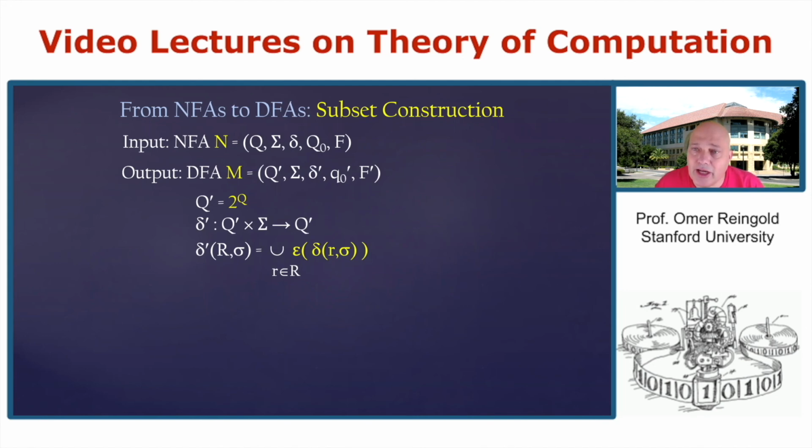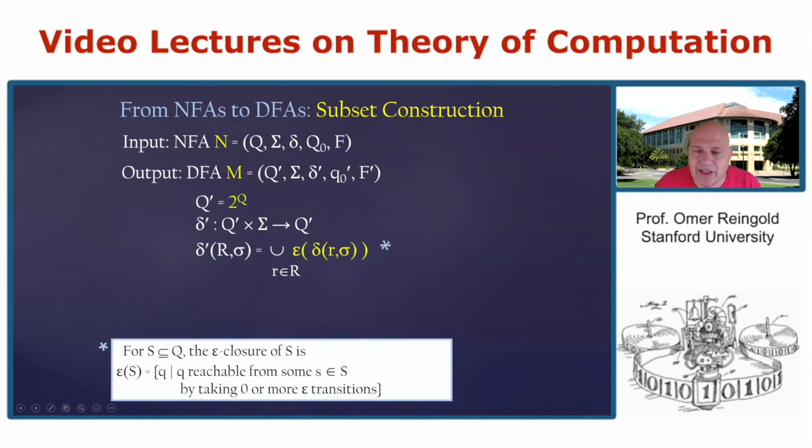But we're not done, because remember these epsilon transitions. So we need to see not only what states you can reach by reading sigma, but then what you can reach by taking zero or more epsilon transitions. This part of taking zero or more epsilon transitions, we will refer to as the epsilon closure.